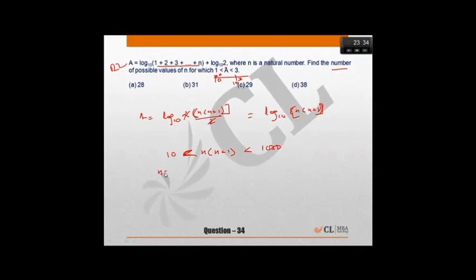So the smallest value of n is 3. The highest: 31 square is 961, so 31 into 32 is 961 plus 31, which is 992. 32 into 33 will go beyond. So n goes from 3 to 31. How many values? 31 minus 3 is 28, plus 1, 29.